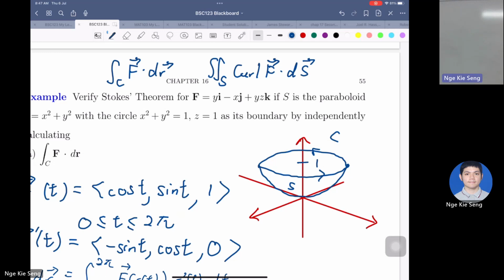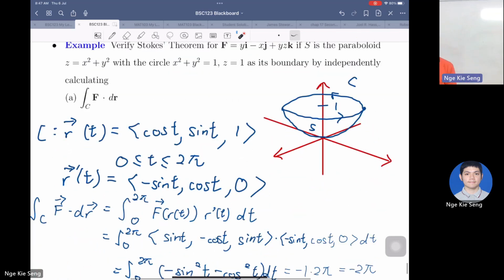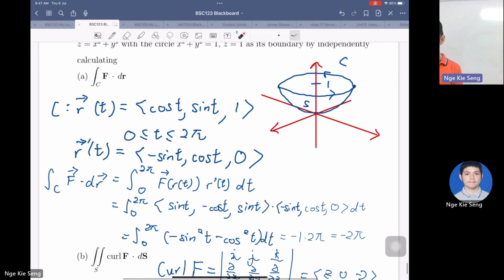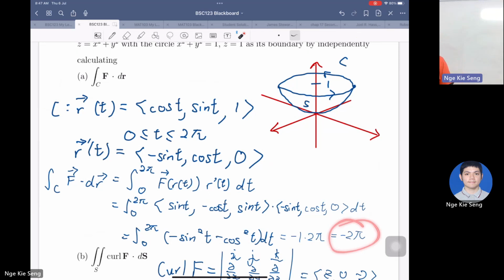What's the boundary of this surface? x squared plus y squared equals 1. This is the boundary, so C parametrizes the boundary of my region. Last time we computed this, and it is just minus 2 pi.